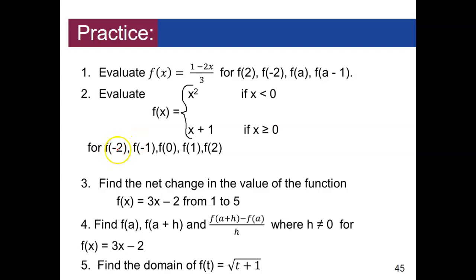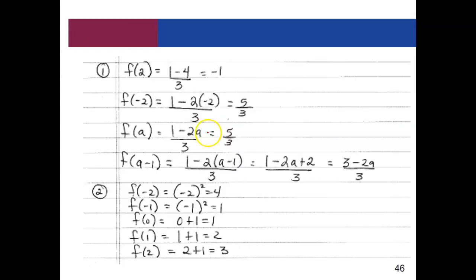So for f of -2, you're going to use this first piece. For f of -1, you'll use the first piece again. F of 0, you're going to use the second piece. F of 1 is going to be the second piece, and f of 2 is going to be the second piece. And you can see what you get when you plug those in for the different pieces.